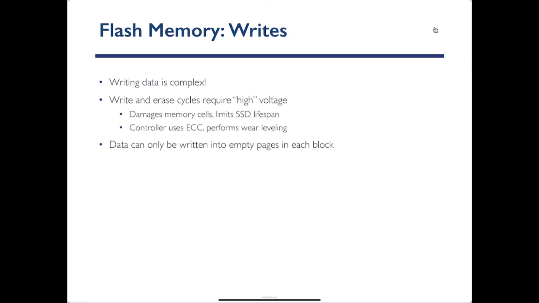For example, say you have a file that keeps being updated by the user, like a database that keeps getting updates. If you keep writing the updates on the same cell again and again, you will eventually lose that cell.